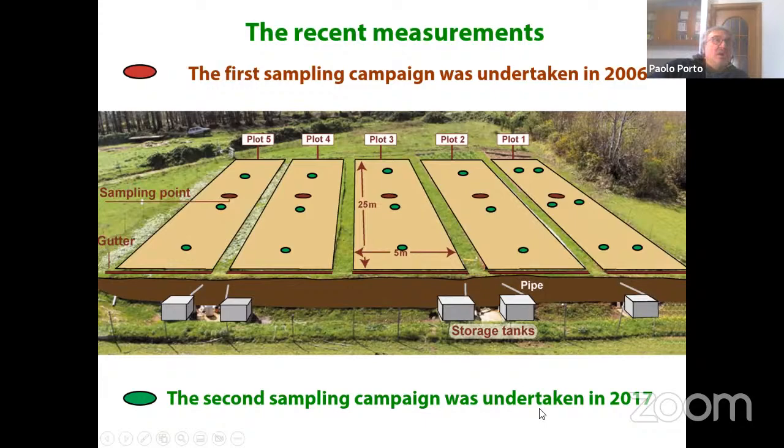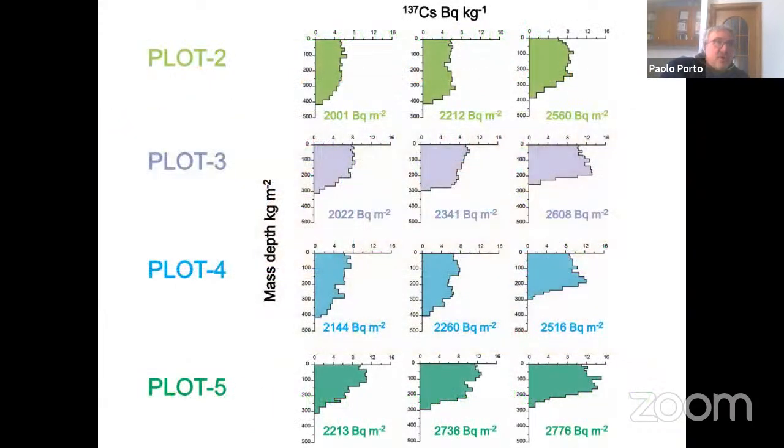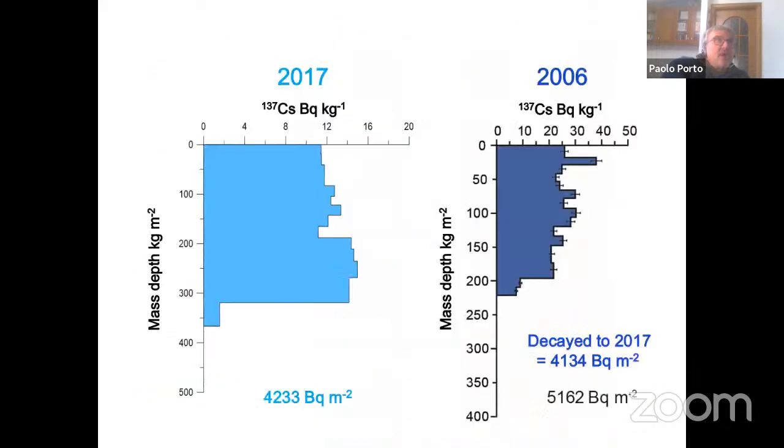Okay. And we did exactly the same. These are the related cesium profiles for each plot, you can see. And this is also the reference value measured in 2017. It is very close to the previous value that we had in 2006.